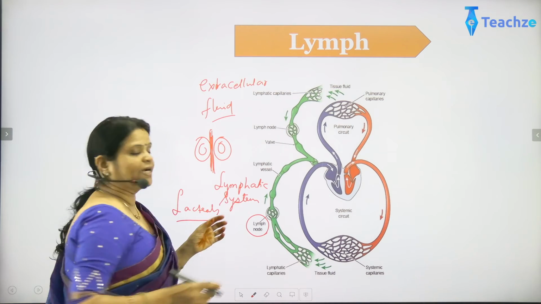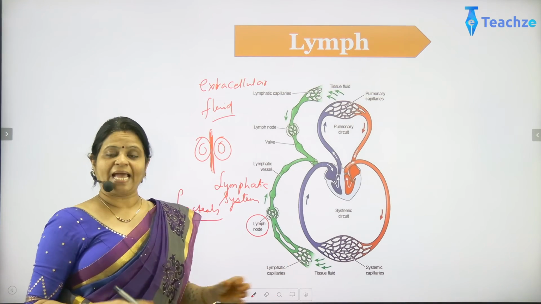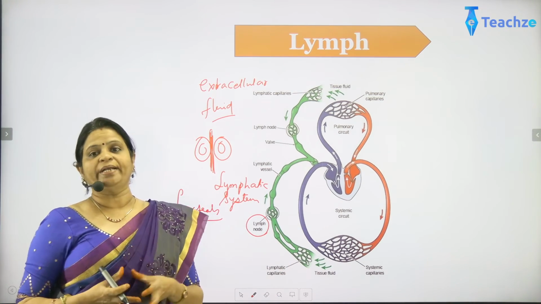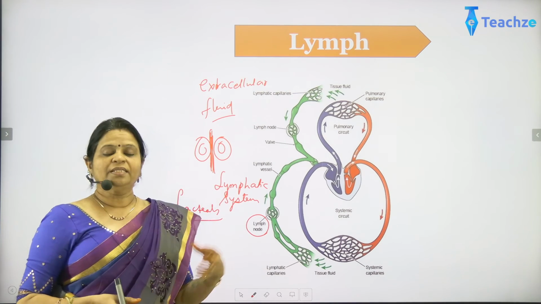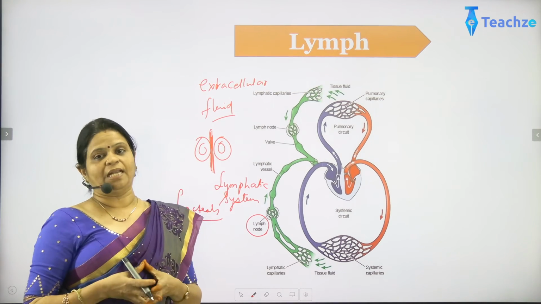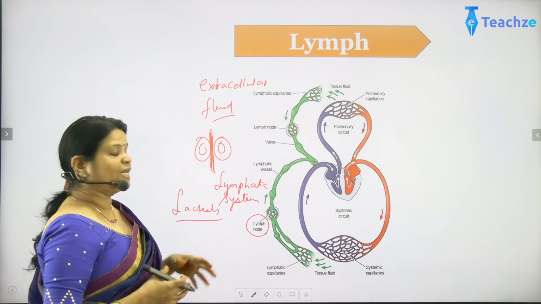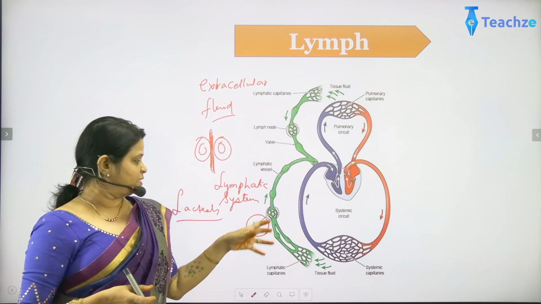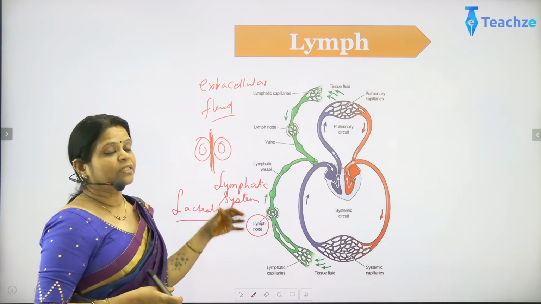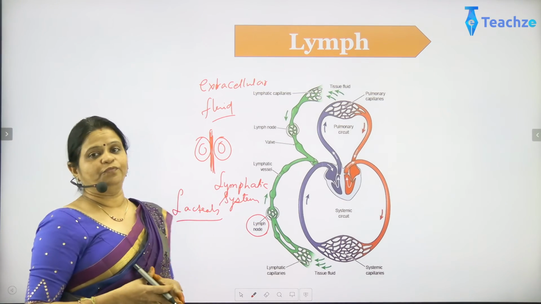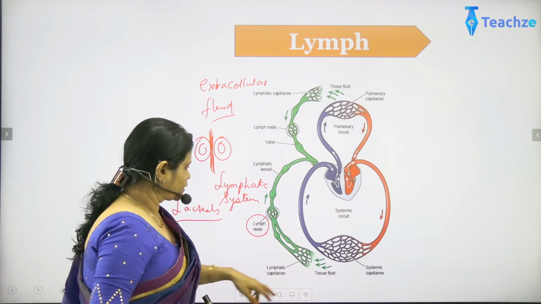When we studied that, we told that these lacteals help in taking out the fats which are broken down into simpler substances. These fats are absorbed by the lacteals so that they can be transported through the body. Now lacteal is one of the lymph vessels which we were talking about. There are so many vessels like that, and all these together will form the lymphatic system.